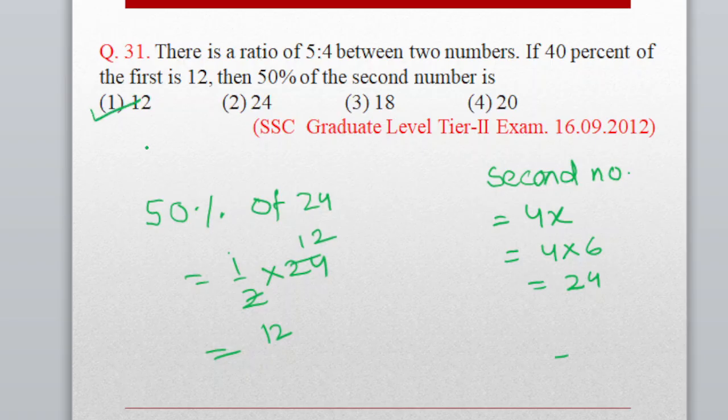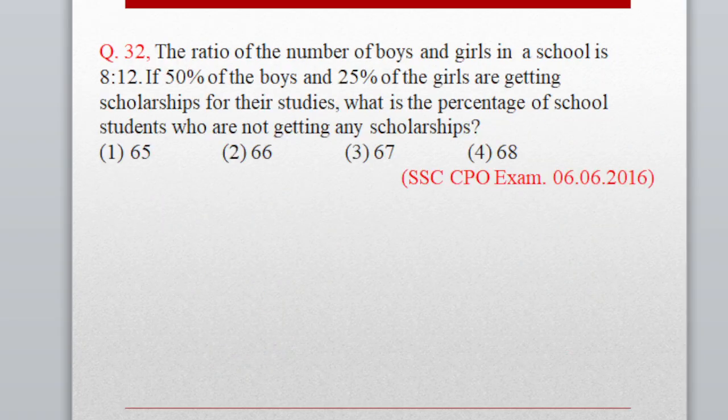Now next question, that is question number 32. The ratio of the number of boys and girls in a school is 8:12. Boys is to girls is 8:12.